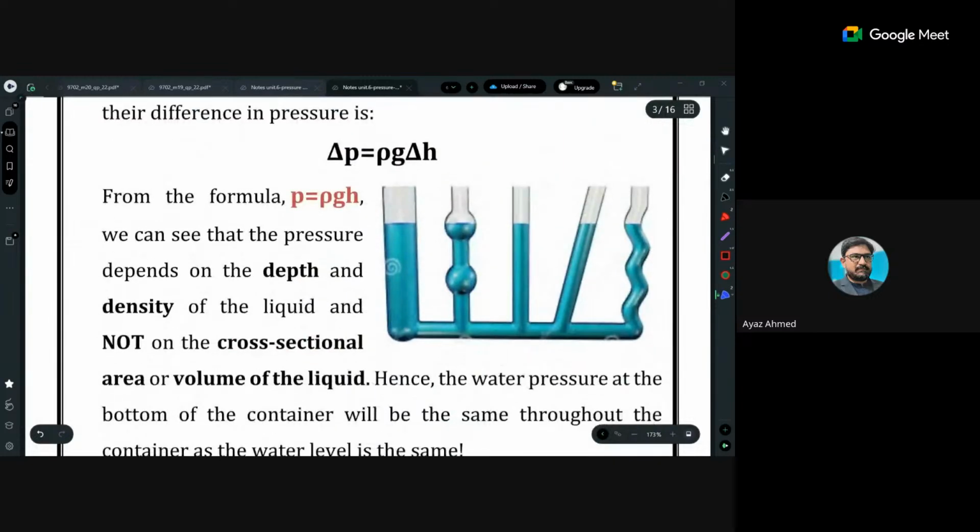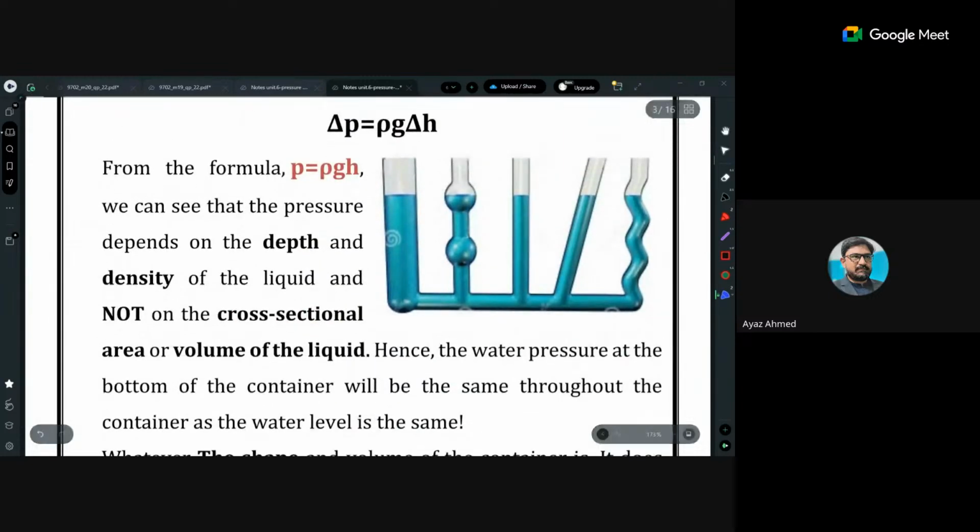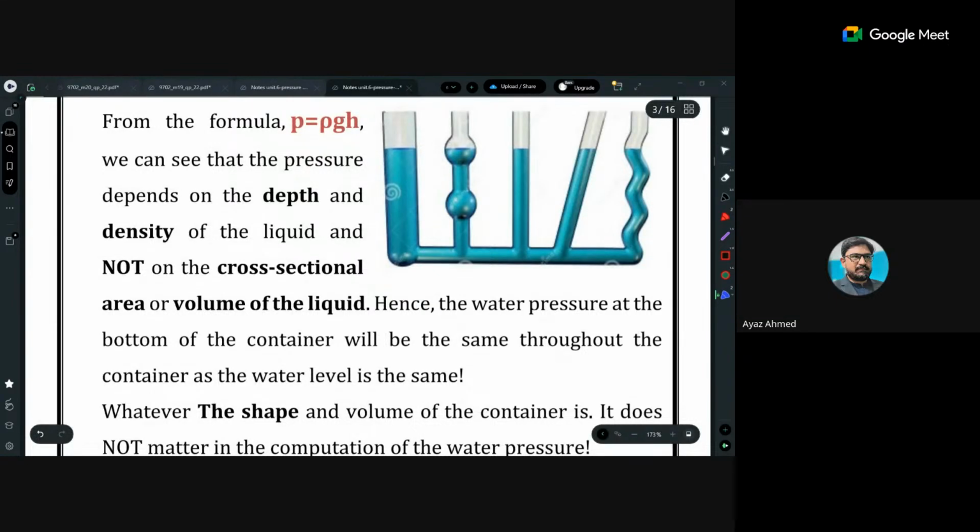Now the important thing I want to share with you people here is that pressure does not depend upon the shape of the liquid column. In all these, check, they have different areas, they have different shapes, but if they all have the same vertical height, they will have the same pressure.